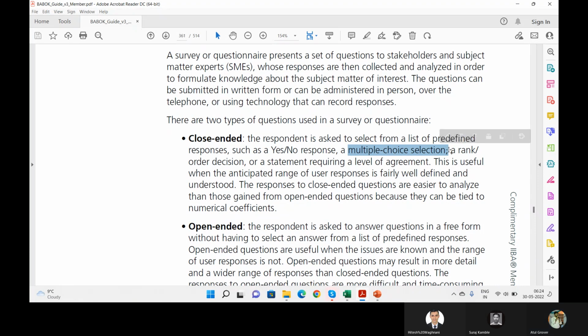Or ranking: how will you rank personal life, work, money, marriage, parents, how you rank them. Or a statement requirement: what do you mean by duality? Duality means when two things exist at the same time. Duality means when two terms whose meaning is the same, working the same, is called a duality. So that is a close-ended question.